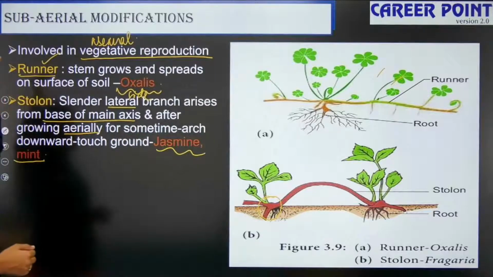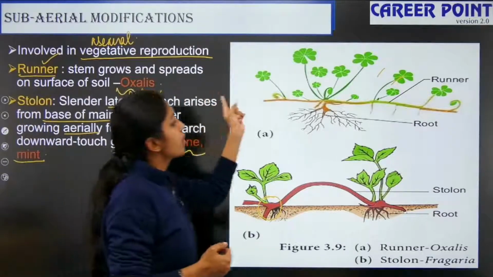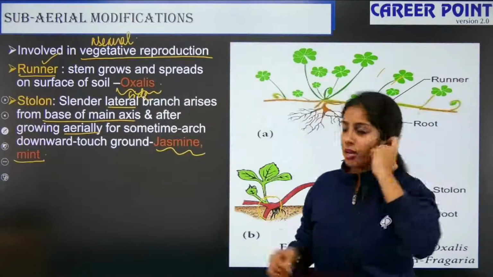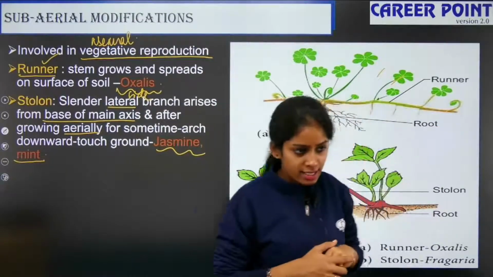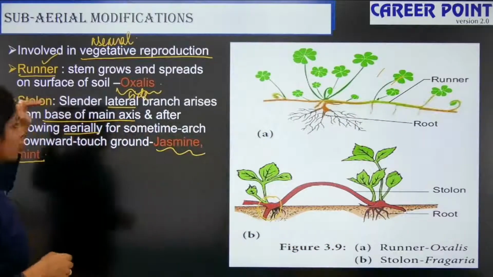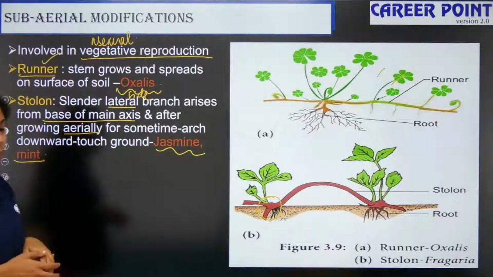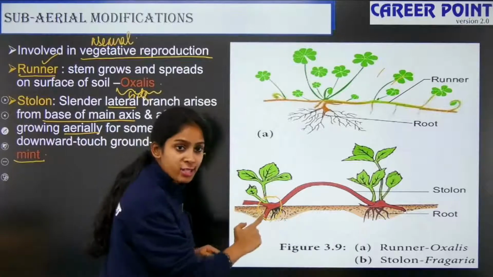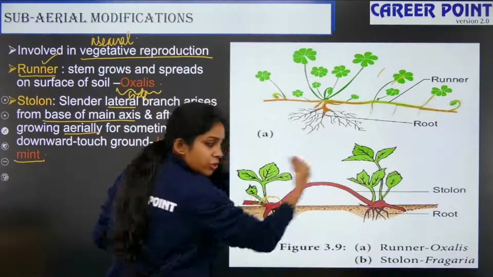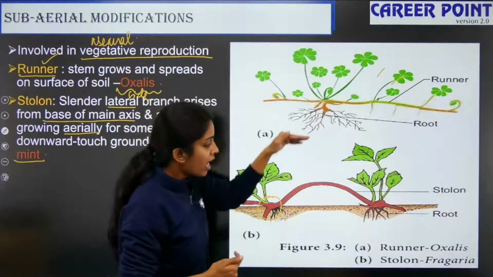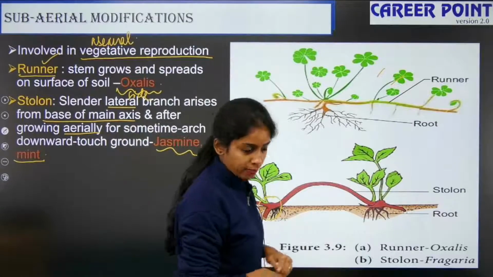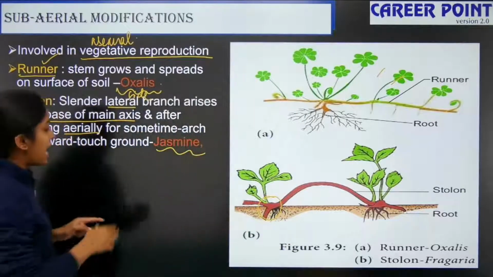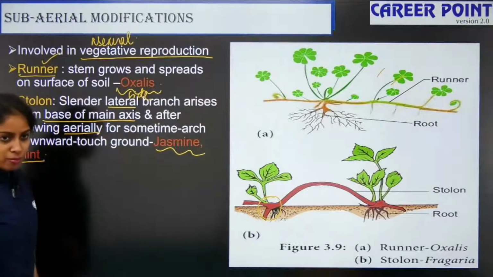So first, talking about runner. When the stem runs on the surface, it is called a runner. An example is your oxalis plant. The next one is your stolon. So in stolon, what happens? You have a slender lateral branch. It arises from the base of the stem and it grows above the soil. I call this aerial, and then it moves inside the soil. So this is called a stolon. An example is your jasmine and your mint.